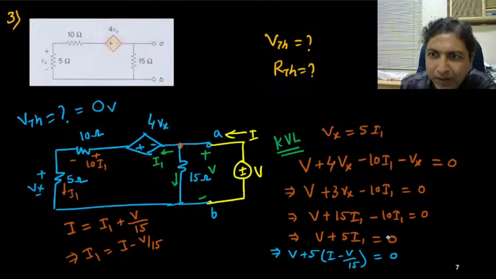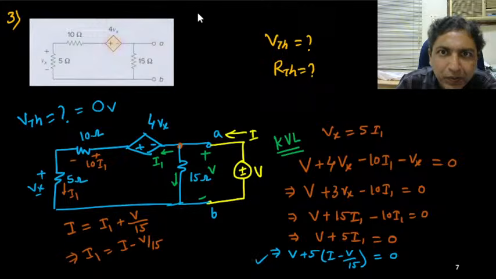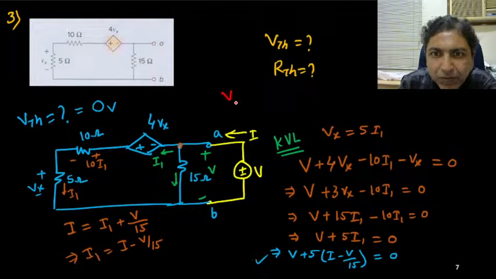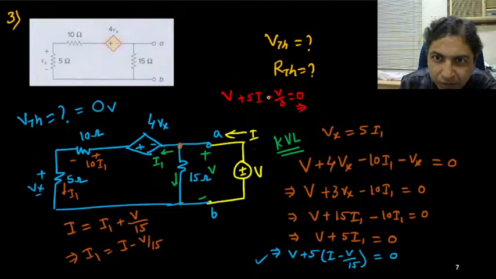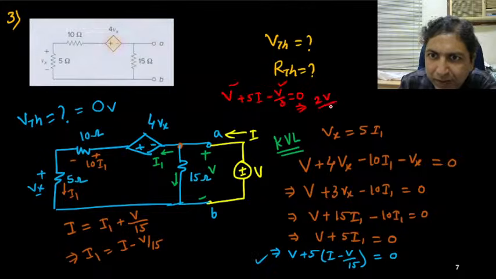So what is the simplification? That I am writing here, okay? I use a different color. So this is your V, this is 5I, it is minus V upon 3, that is equal to 0. So if I combine these two, V minus V by 3 is 2V by 3, that is equal to minus 5I.